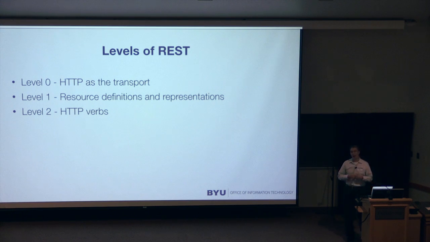So now that we've got our resources and representations, what does it mean with my specific HTTP verbs? I've got GET, PUT, POST, PATCH, OPTIONS, DELETE, all of that available in the HTTP protocol. So defining what my POST does, or what my PUT does, and GET and DELETE, with my resource space, that's what it means to go to the next level.